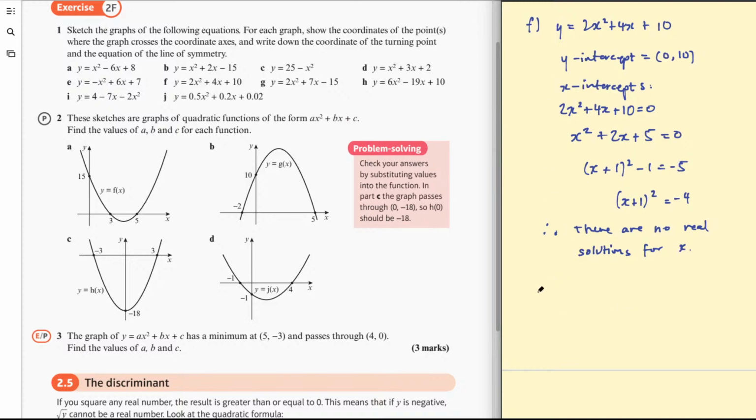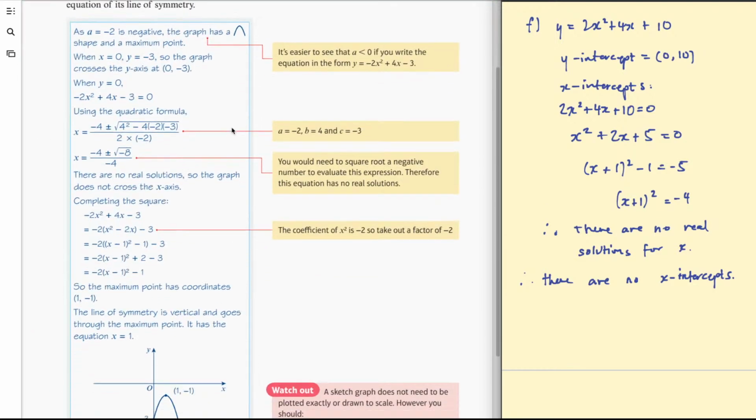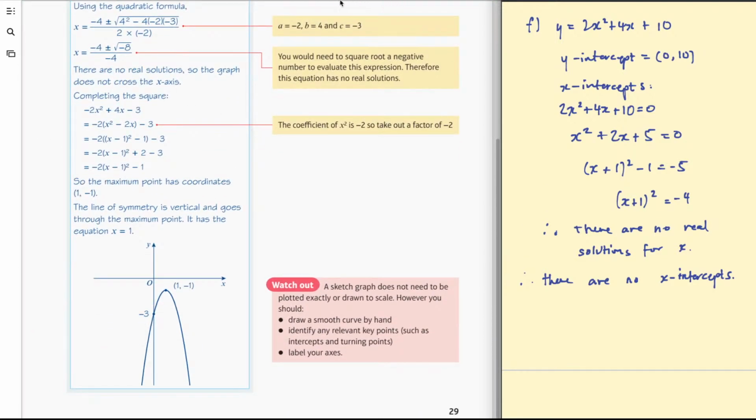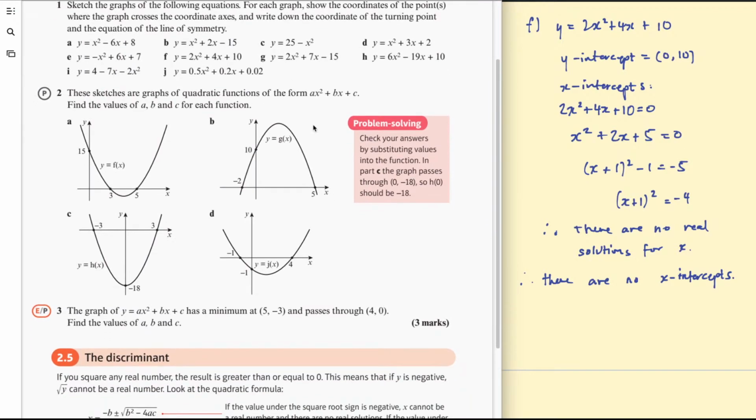So that means there are no x-intercepts. Okay, and just want to check how they stated that. So they say, so the graph does not cross the x-axis. So that's the same thing. There are no x-intercepts. So saying either of those two things is fine.